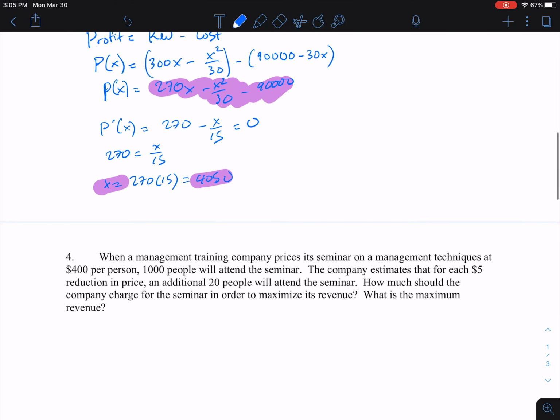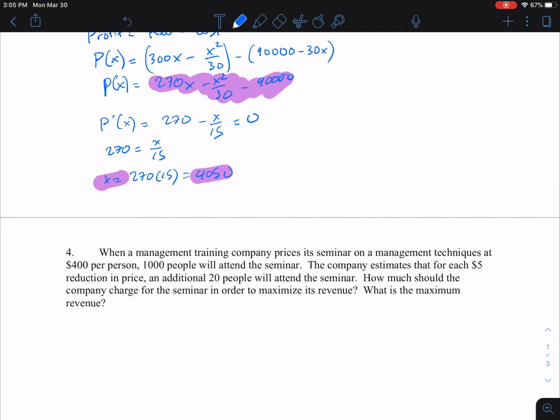So we can say that producing 4,050 shredders gives the company a maximum profit.